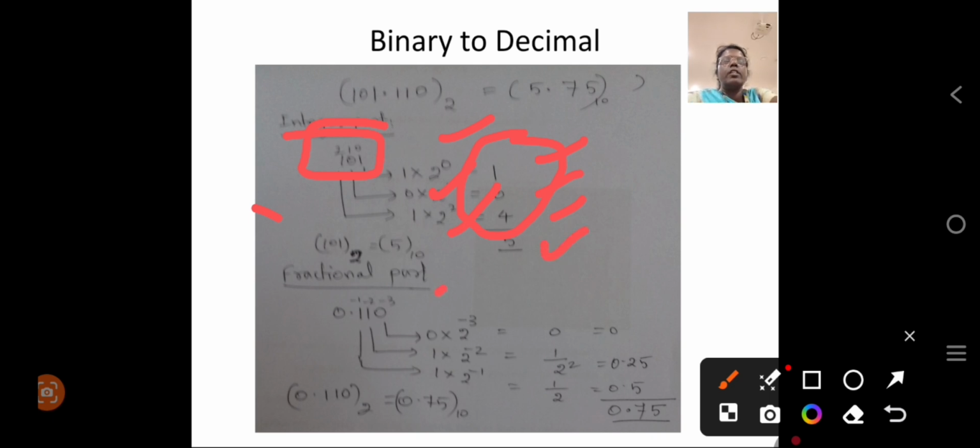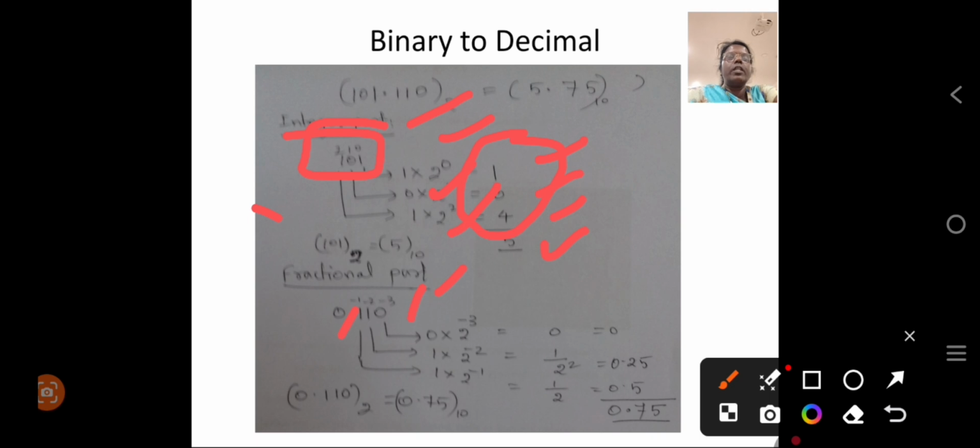The same way, if you consider the fractional part 0.110, that is the place value. This first 1 receives the place value -1. The next lower significant bit 1 will represent -2, and the last bit will receive -3 as the place value.